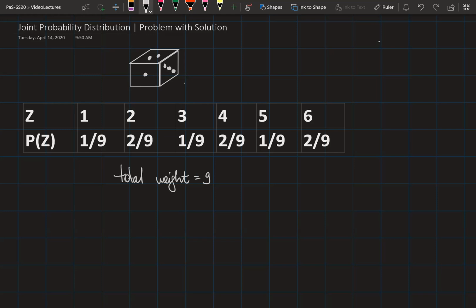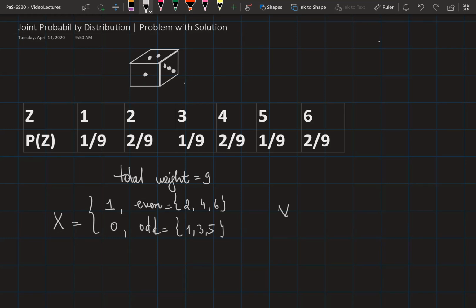So we have two more random variables. We have x, which is equal to 1 if the output is an even number, meaning 2, 4, or 6, and 0 if the output is an odd number, which is 1, 3, or 5.